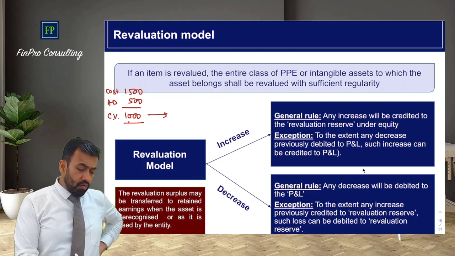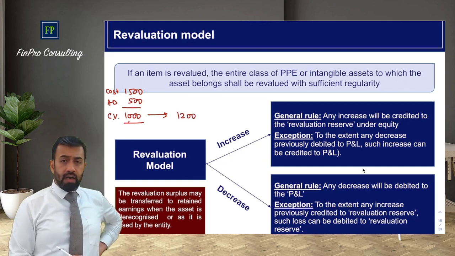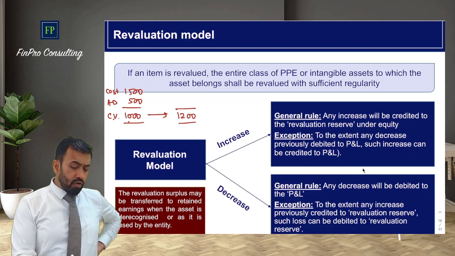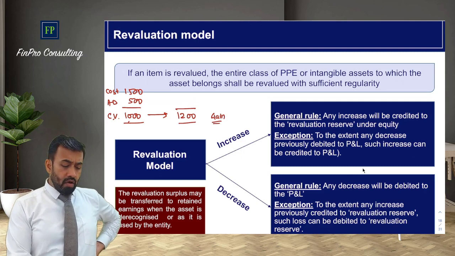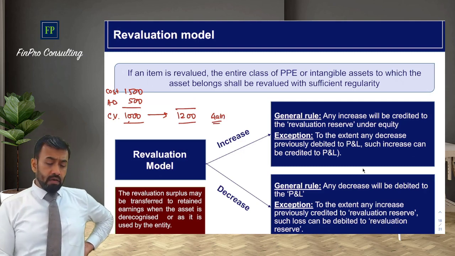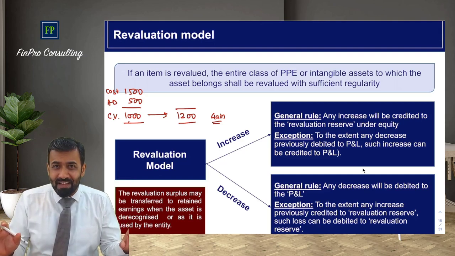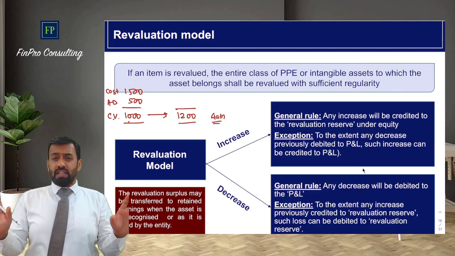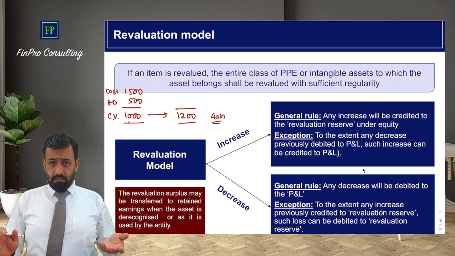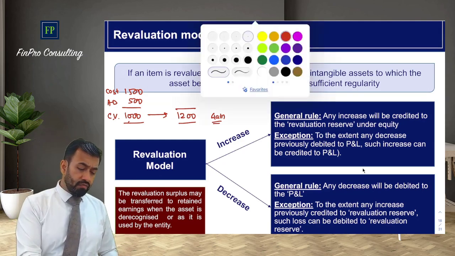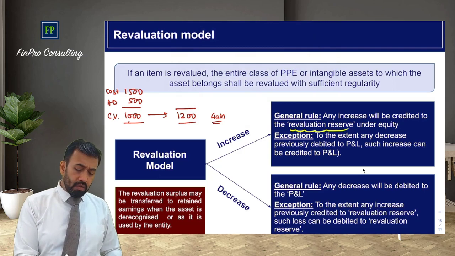It has been revalued to, let's say, 1200, correct? Then this gain is of 200, that is increase of 200. How to account for it? So general rule is this is non-transactional. We have seen in the previous topic. And that's why this will be accounted in the revaluation reserve. This is a general rule.